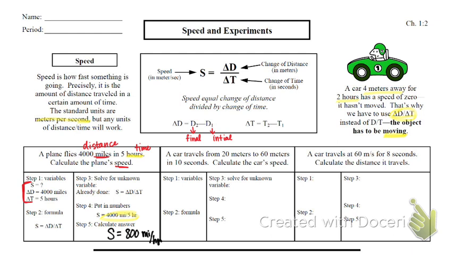Okay, let's look at this second one. A car travels from 20 meters to 60 meters in 10 seconds. Calculate its speed. So what did they give us first? Distance.